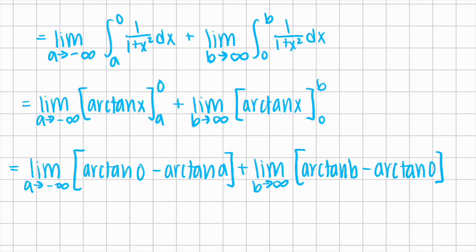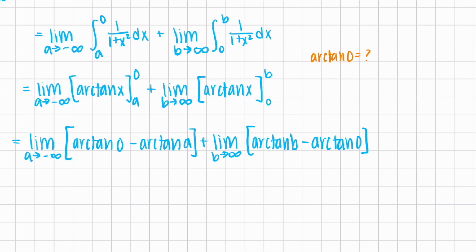Let's see if we can simplify a little bit. Let's figure out arctangent of 0. Couple ways you can think about it. First thing is you can ask yourself the tangent of what gives me 0. Keep in mind that your answer has to be between negative pi over 2 and pi over 2. Tangent of 0 gives you 0, so that means arctangent of 0 equals 0. Second thing that you can do is picture the graph of arctangent.